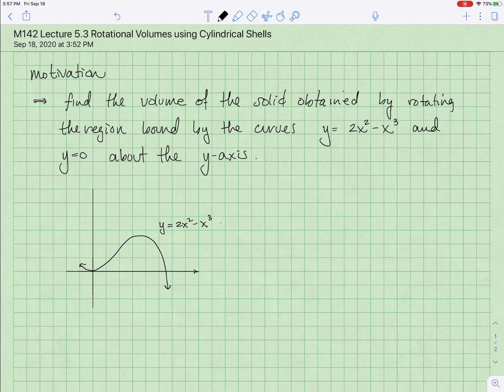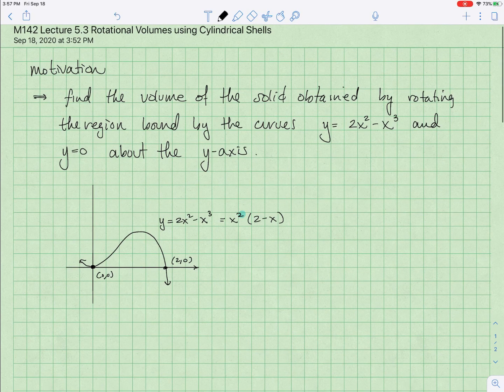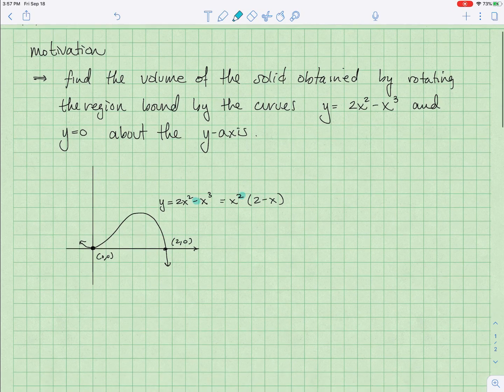The reason I know it looks like that is because if I factor out an x squared, I get x squared times 2 minus x, which means that it passes through the origin at 0, 0 and behaves quadratic there. It also passes through 2, 0. And I know that it's oriented with the right side down and the left side up because it has a negative leading coefficient. So it's just a little bit of pre-calculus review for graphing some polynomials.